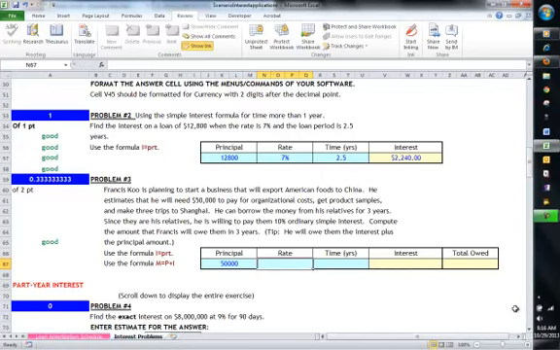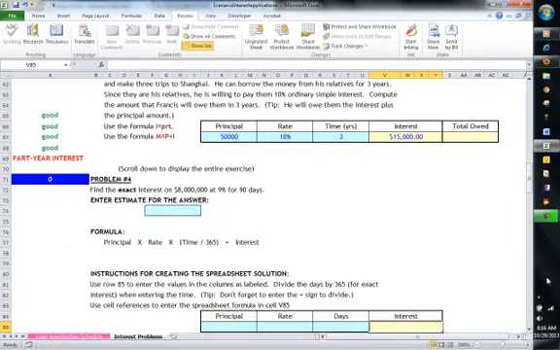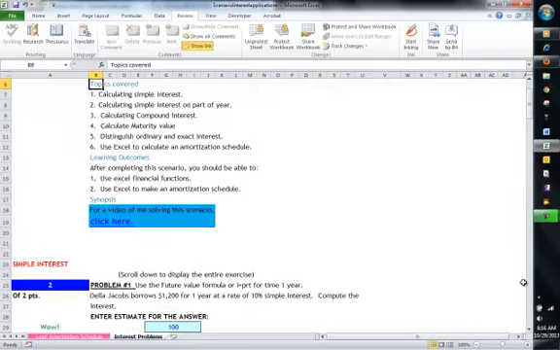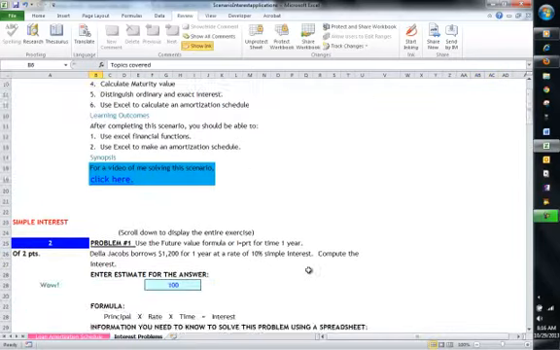The rate is 10% for 3 years. So interest is principal times rate times time, and he will owe $15,000 in interest. So his total amount owed is the principal plus the interest, because he has to pay back the principal too. All right. Next one.